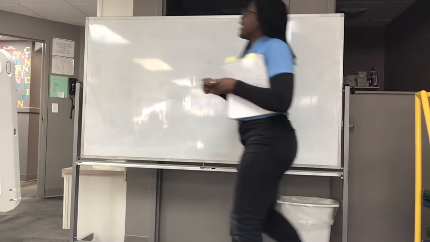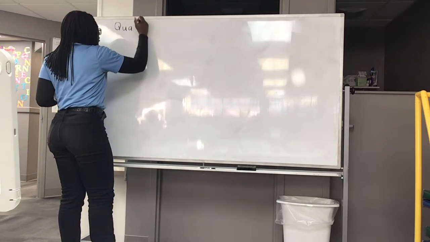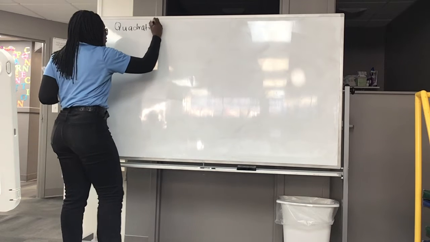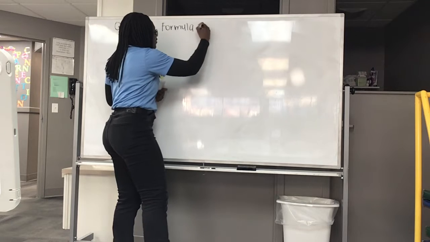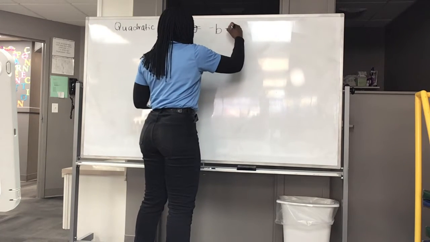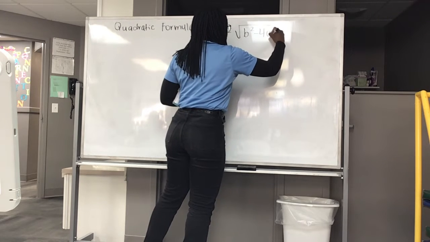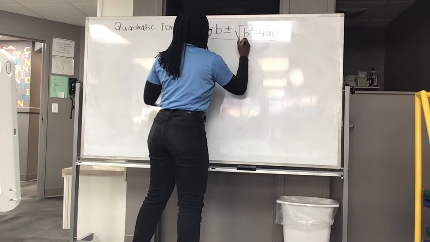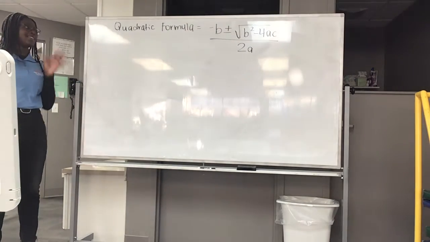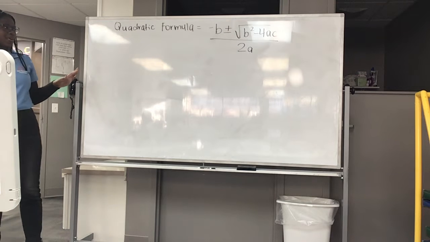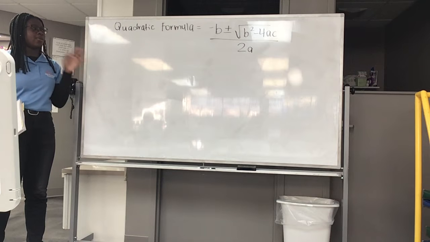It kind of looks a little scary, but I'll write it up here. Okay, so the quadratic formula is negative b plus or minus the square root of b squared minus 4ac, and then all over 2a.